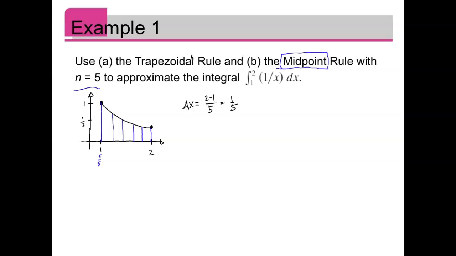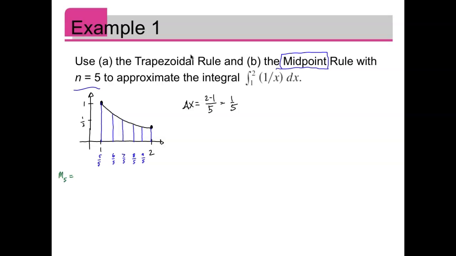So this is 6/5, 7/5, 8/5, 9/5, and then 2 is 10/5, right? Great. So M5 is what I'm looking for.